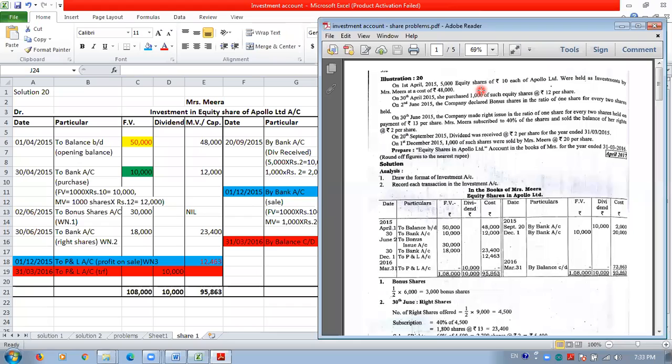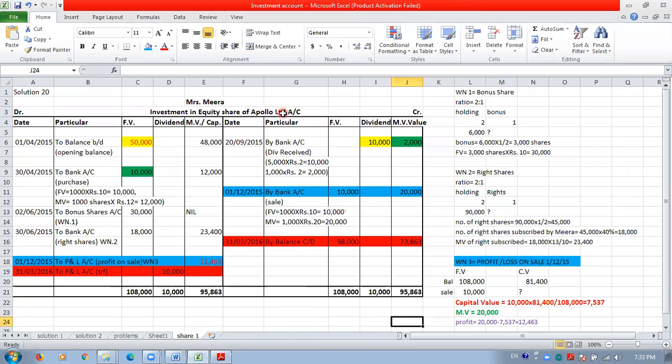So here we are going to prepare an investments account of Mrs. Meera. Likewise, we have to prepare this investments account in shares of Apollo Limited in the books of Mrs. Meera. Okay, so we will start with the opening balance.